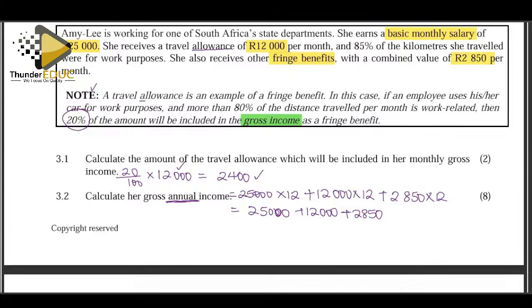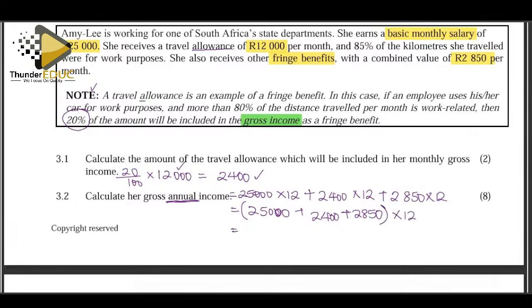Sorry, remember for the gross, this one here, it's not 12,000. It's going to be this one that we've got that will be included in the gross. So there's nothing wrong if you do this. Afterwards, after adding, you multiply by 12. You also get the same marks.